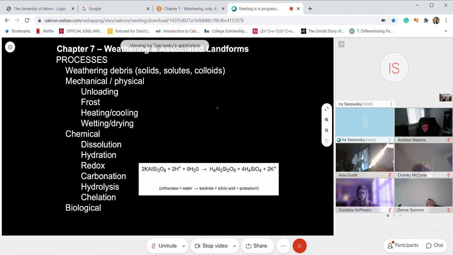But carbonic acid is a very important natural component of water. When we get to our section on karst, we'll talk about that. But essentially, if you take carbon dioxide from the soil and let water percolate through it, you create carbonic acid, which promotes the dissolution of limestone and dolomite.